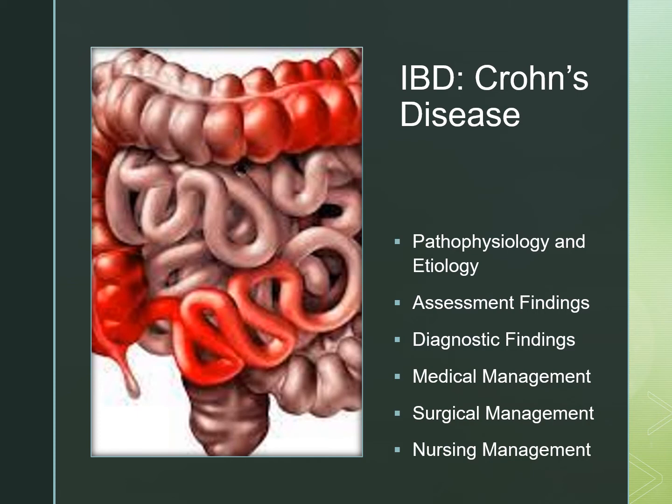We diagnose with a stool analysis, white blood cell count, erythrocyte sedimentation rate, or your ESR, because it will be elevated, barium enema, endoscopic examination, biopsy, upper GI series with a small bowel follow-through.